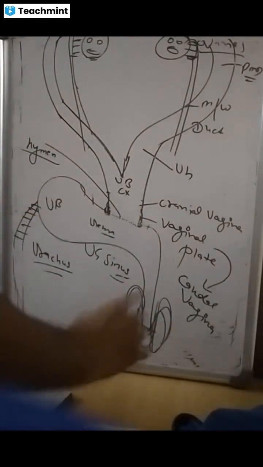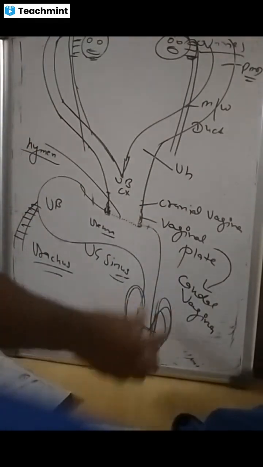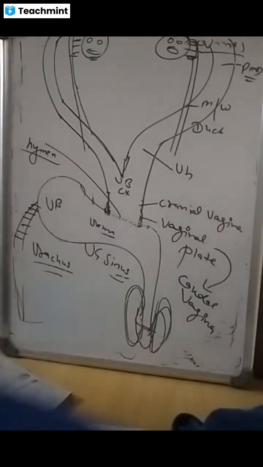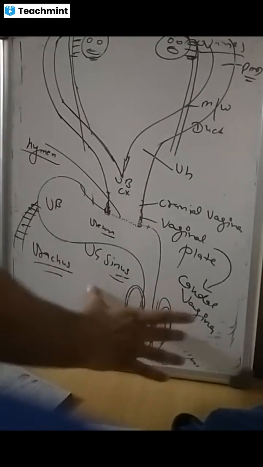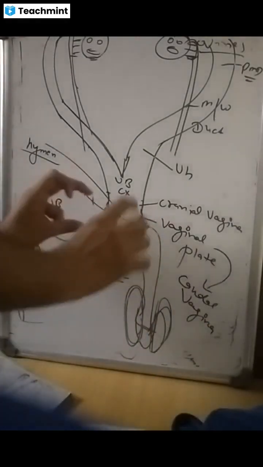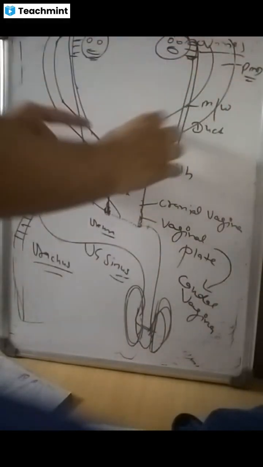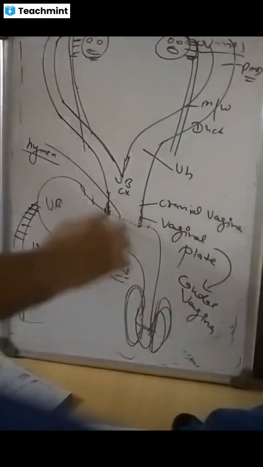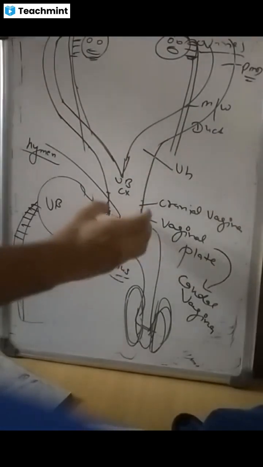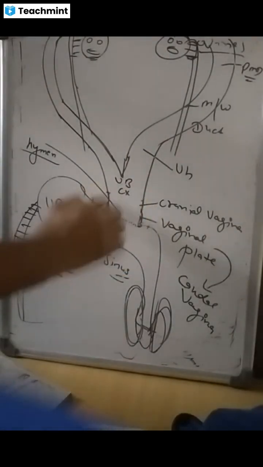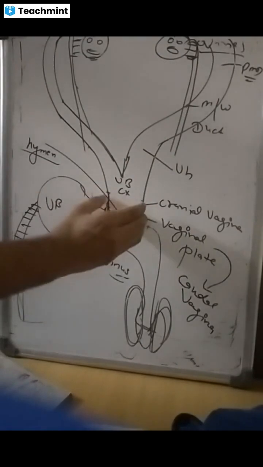Then here we have the genital fold, labia, these swellings. Then in this sinus, what opens is both paramesonephric ducts, which stimulate this part. This part will grow out and form the vaginal plate.